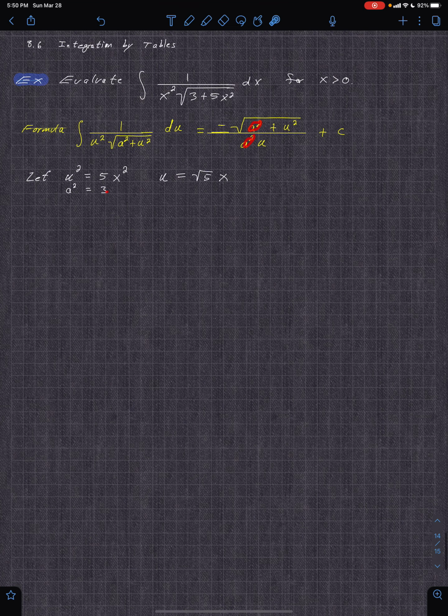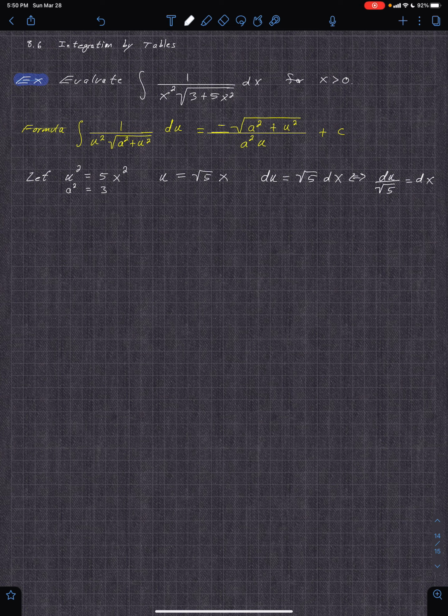So we just leave it like that. But we do have to do my du. So du is equal to root 5 dx, or we like to write that as du over root 5 is equal to dx.